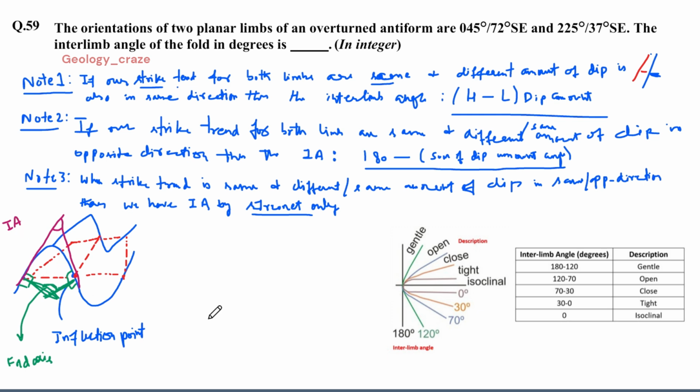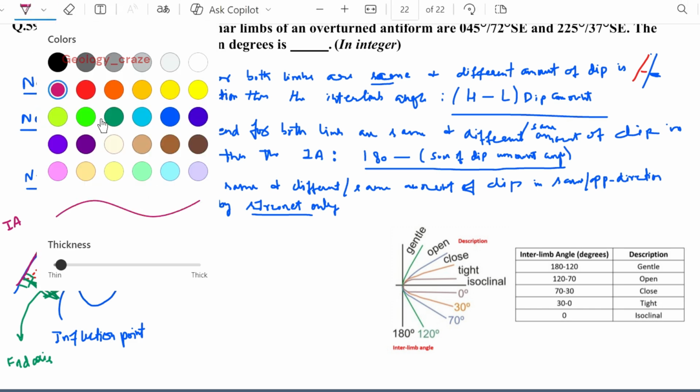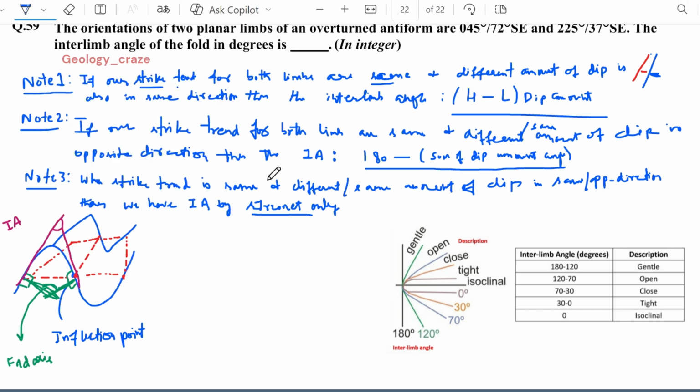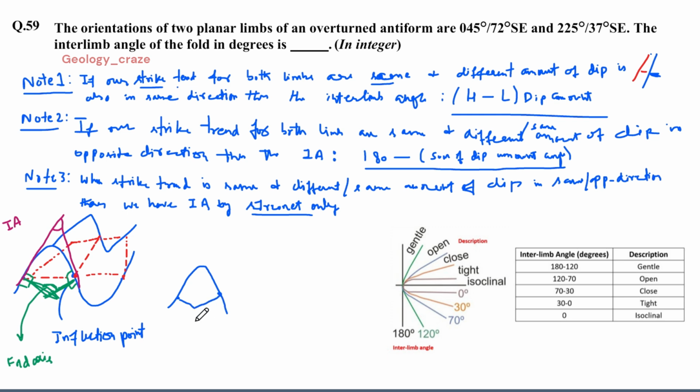Okay, so now I will open this. Suppose this one is our fold. We will construct these, this is our inflection point, and we make a line perpendicular to this and we are getting one angle here.